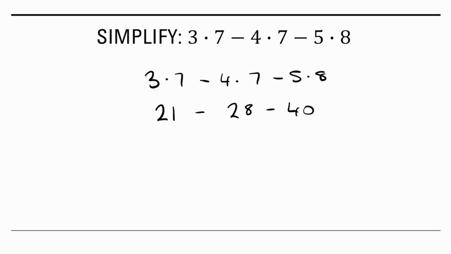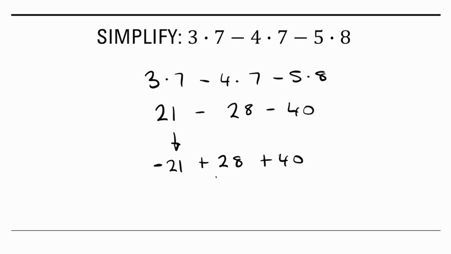So now I can see that this would become tricky. I'm going to go further and further to the left on a number line, so I'm going to go negative, because 21 minus 28 has to be less than 0, and then subtracting 40 off that would leave me further in the negatives. So what I would do is flip all of the signs here, and so I could say that this is the opposite of negative 21 plus 28 plus 40.